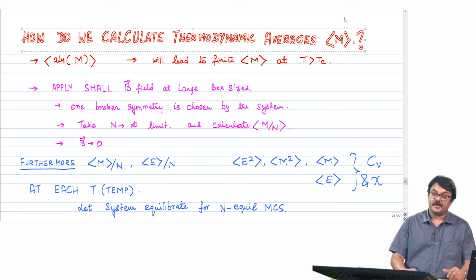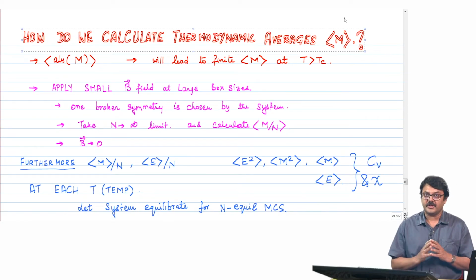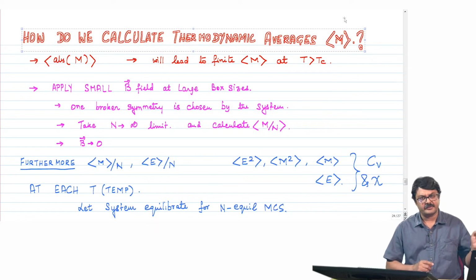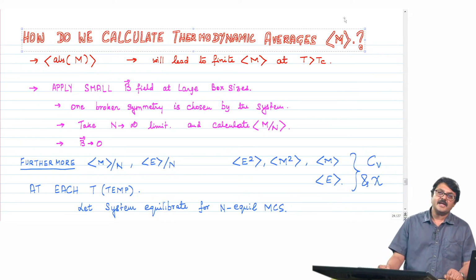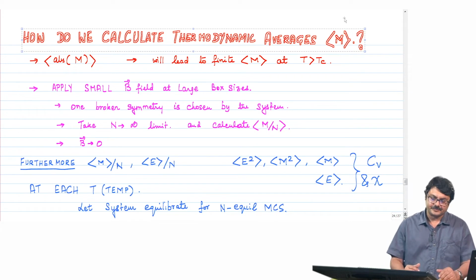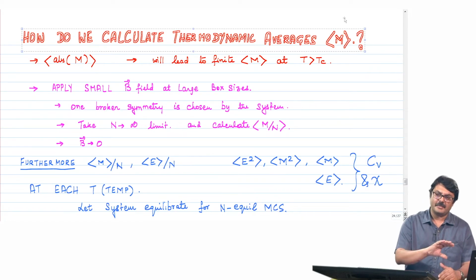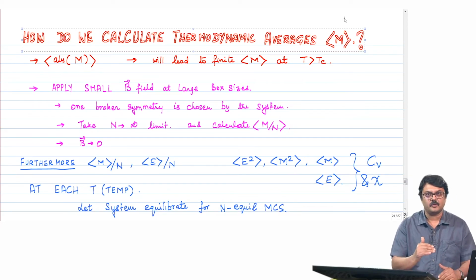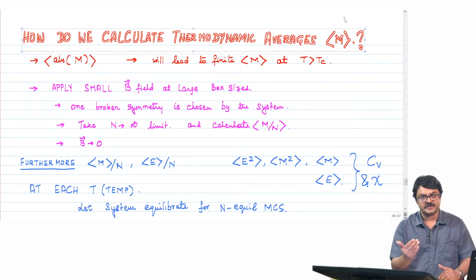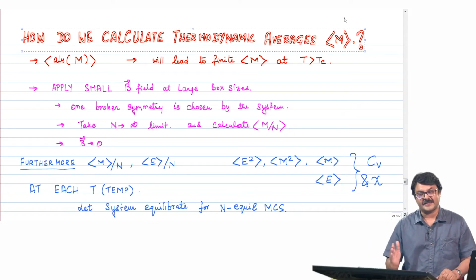If you take a really good thermodynamic average and run it for a really large number of Monte Carlo steps, then for any finite system the magnetization, especially close to Tc or at relatively higher temperatures lower than Tc, the system might be magnetized, but the magnetic state of the system can go from positive to negative, negative to positive. If you take an average of the magnetization, what do I mean by average of the magnetization?